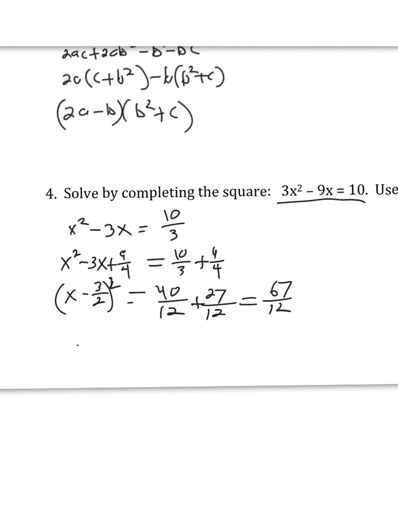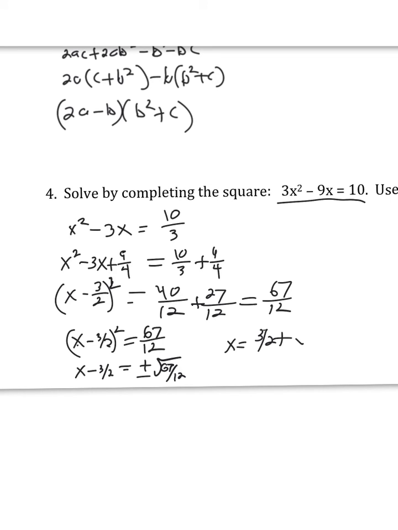All right, so what do we end up with? x minus 3 halves squared is equal to 67 over 12. Square root both sides to get x minus 3 halves is equal to plus or minus the square root of 67 over 12. And so x is equal to 3 halves plus root 67 over 12, or x is 3 halves minus root 67 over 12.